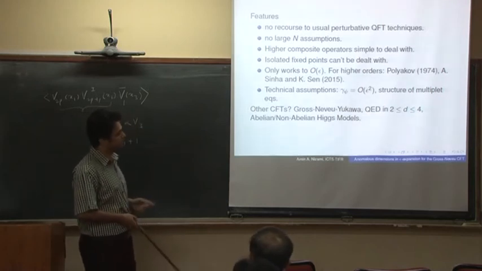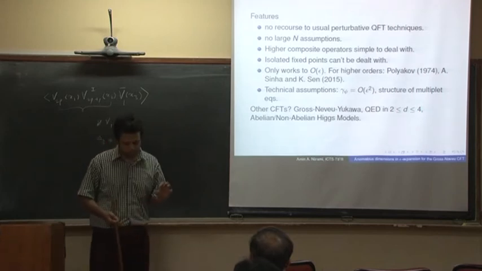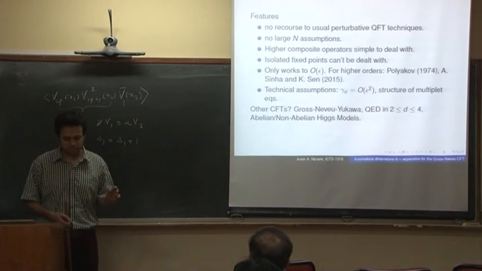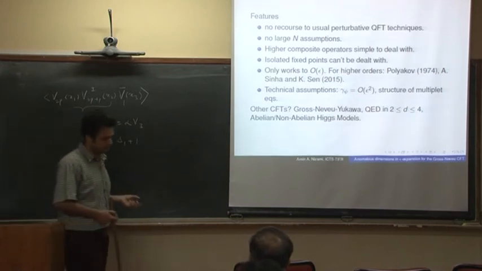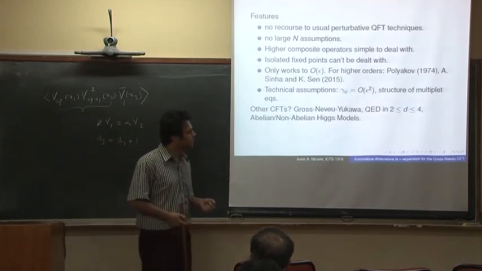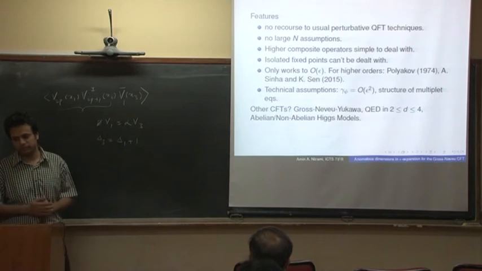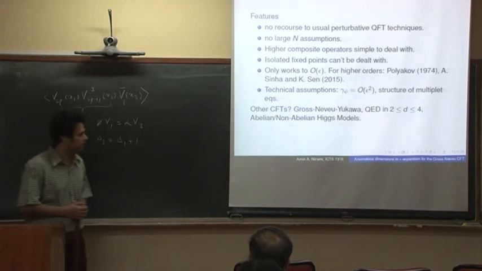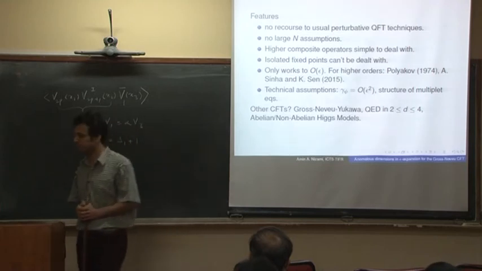It might be the case that you can use these techniques there. You will have to find multiplet combination equations of certain gauge invariant operators, and if you can find OPs which are sensitive to these, then you can use multiplet combination to actually determine the anomalous dimensions. And also various abelian Higgs models and so on.